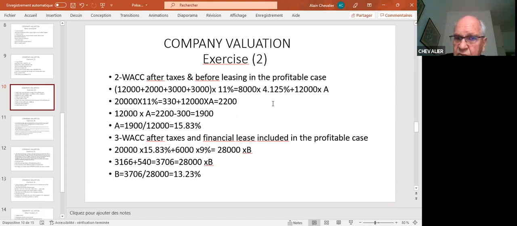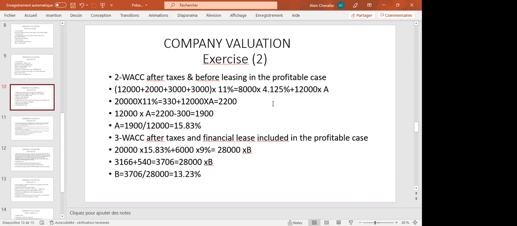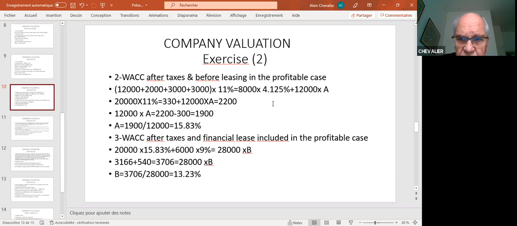Plus, of course, the total level of equity, 12,000 multiplied by A, being our variable here. This is what we are looking for. We are looking for the cost of equity using this formula, including all the elements of the right side of the balance sheet.